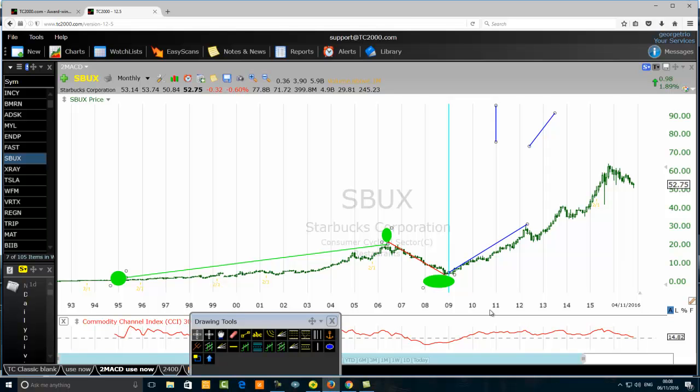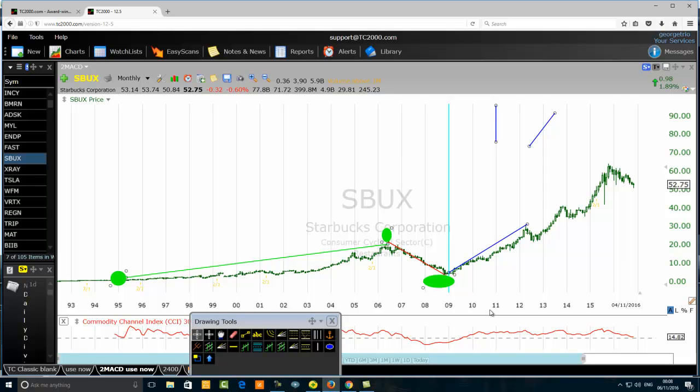Now, talking about step-by-step Elliott wave analysis, the first thing that should come into our mind is that a first wave that has taken more than 2 years to be completed is indicating to us that it's probably an extended first wave.